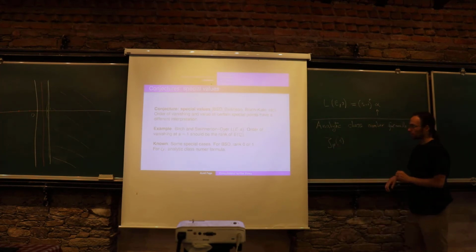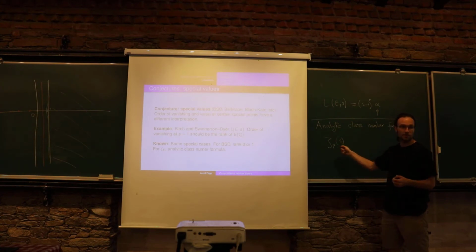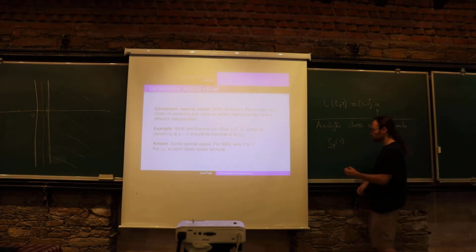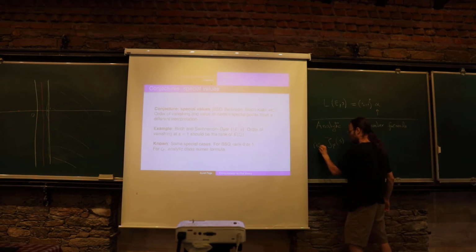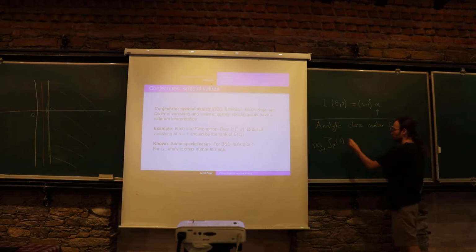The Dedekind zeta function, like the Riemann zeta function, has a pole at s = 1 of order 1. So there's a pole, and then there's a coefficient of the pole, which is the residue at s = 1. And this has an expression in terms of the invariants of the field.